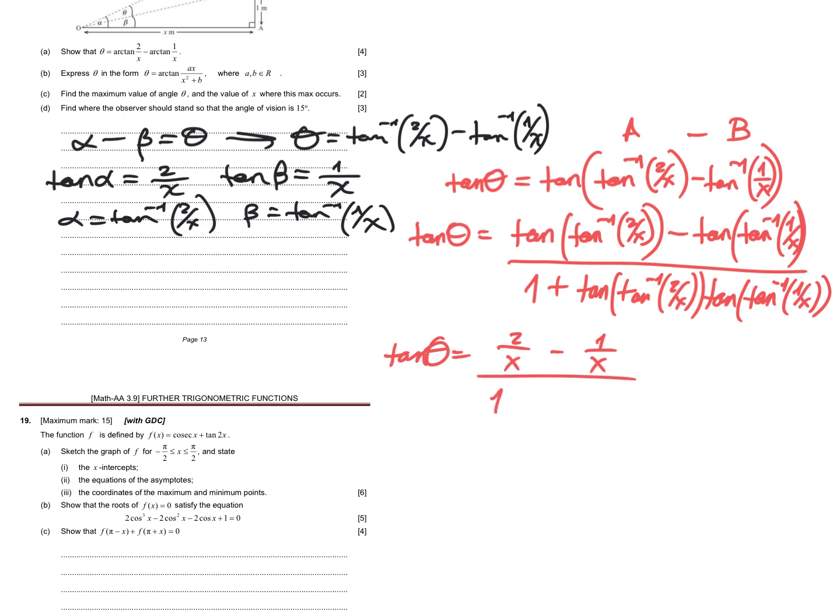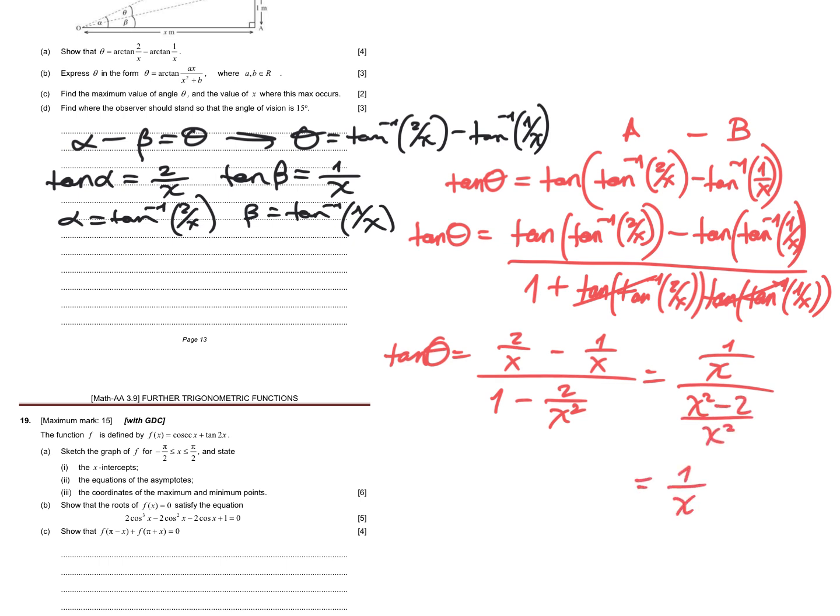And then we've got 1 minus, so that's going to be 2 over x squared when you multiply the 2 over x times 1 over x. All right, so hold on. So that's going to be 1 over x, over x squared minus 2 over x squared on the denominator.